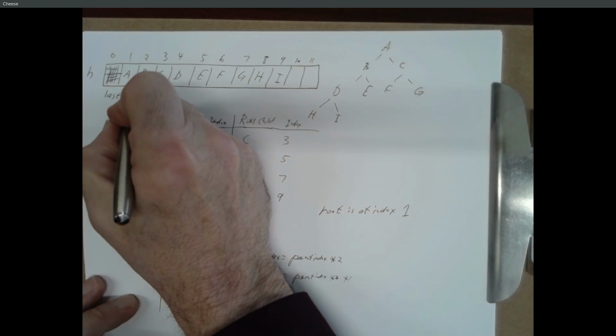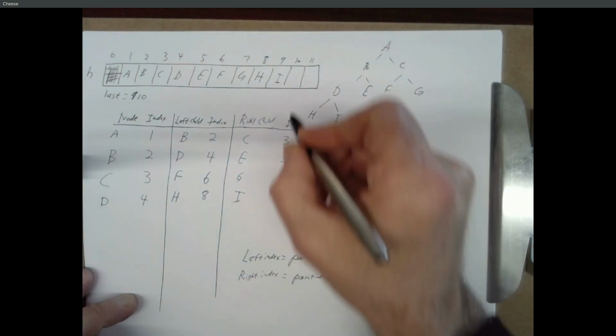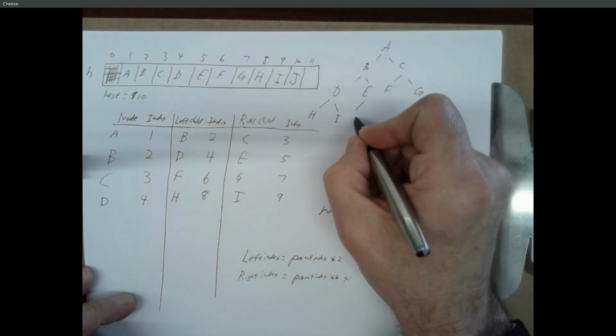So where's the last thing in my heap? What's the index of the last element? It's just last, right? So if I want to find the rightmost entry on the bottom row, it's just h bracket last. If I want to add something, I increment last, and I store at that location. And there I just added a new thing to my heap, and I've still got the heap shape.